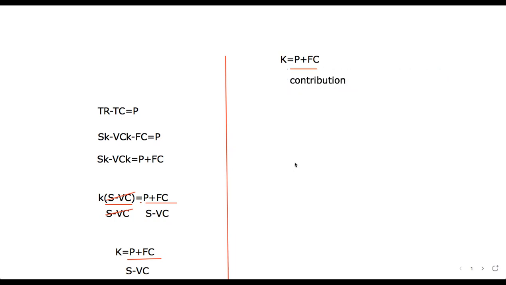So simply put, the selling price minus variable cost is contribution, which means that the contribution is the excess of the sales over the variable cost. So how much more is the sales than the variable cost? If at least your selling price is able to cover your variable cost, then it means it's rational for you to keep on producing.